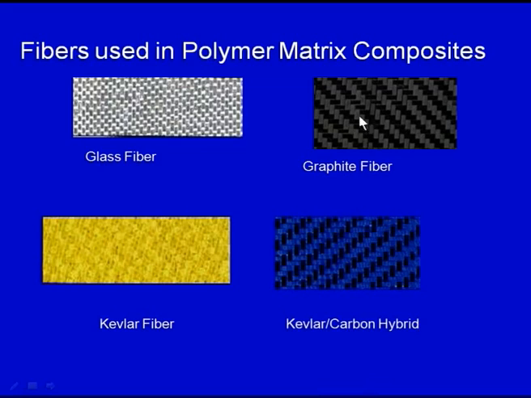Carbon fiber would also look the same, and this is a Kevlar carbon hybrid. In one direction we have carbon fibers, all these black fibers, and in the perpendicular direction we have the Kevlar fibers. This is how the woven fiber mats would look.